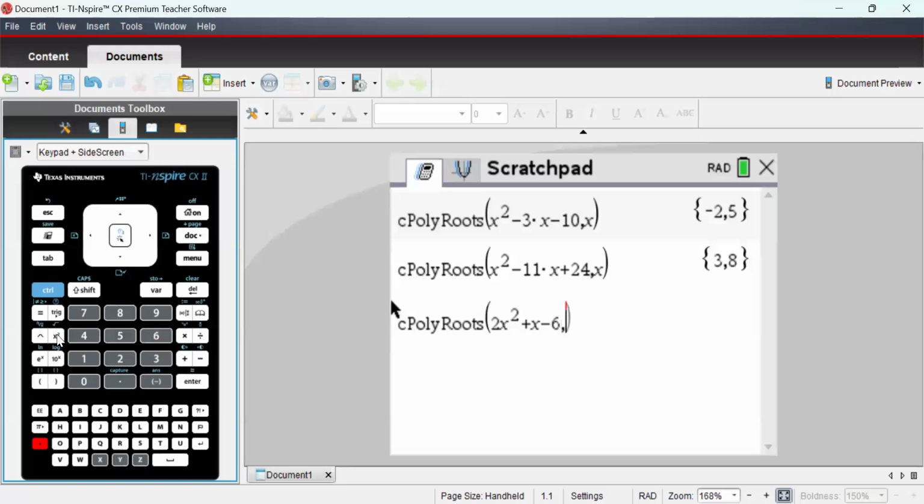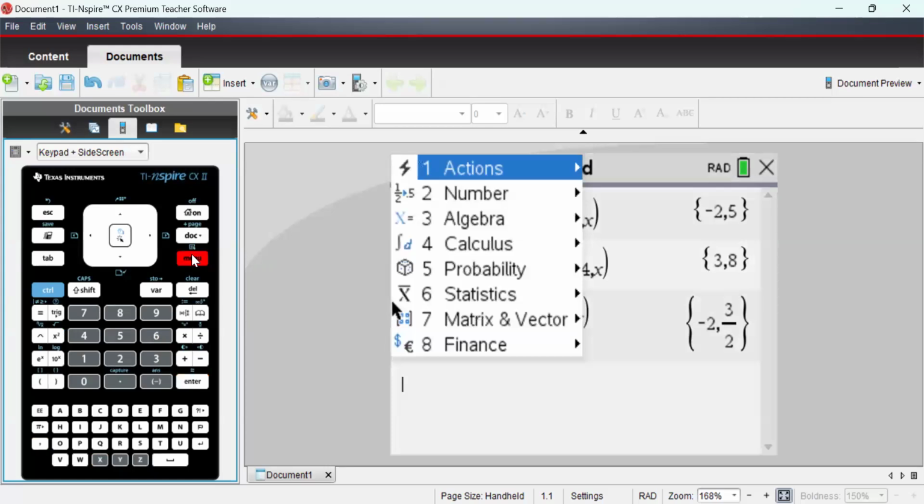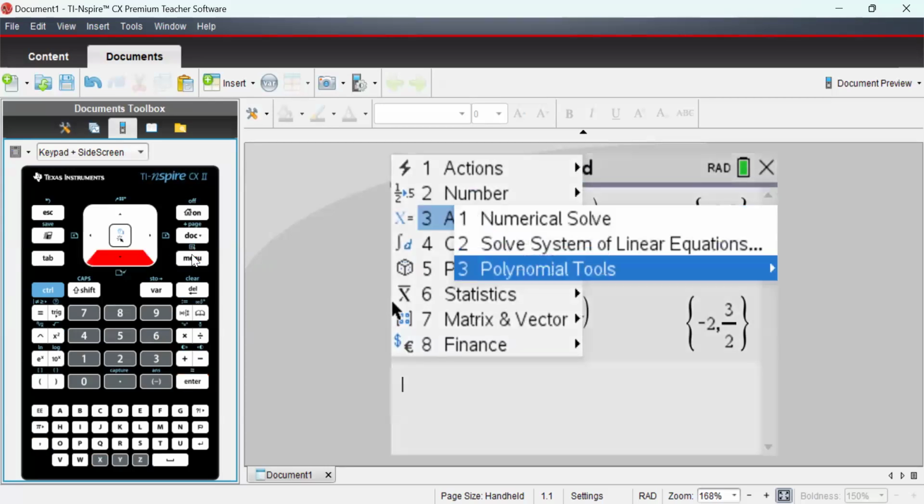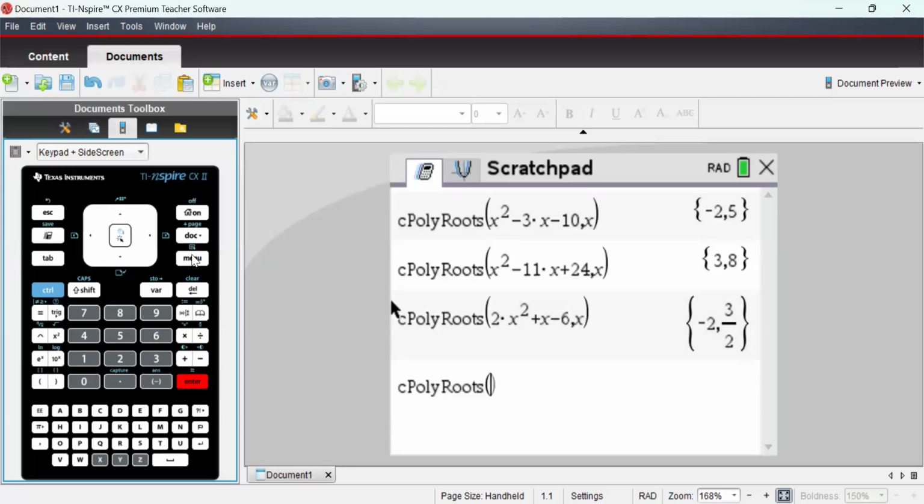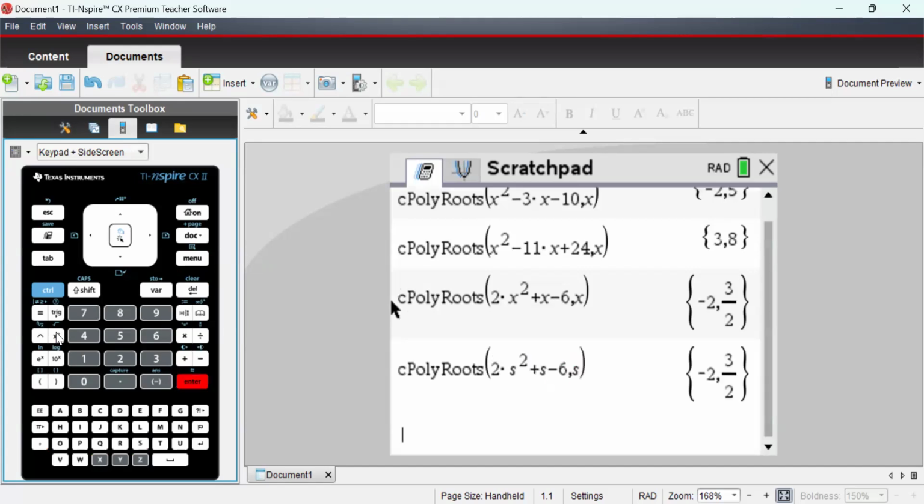If you decide to leave it as an S, you have to do a comma S at the end. Okay. So you can see it doesn't matter if you have to convert it to an x, but you have to tell it what to solve for.